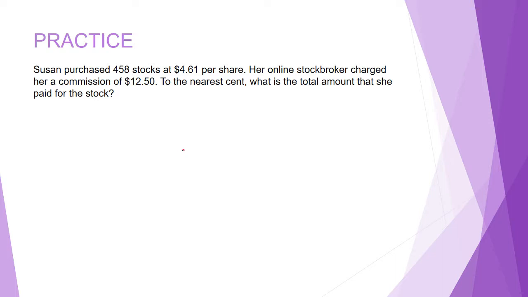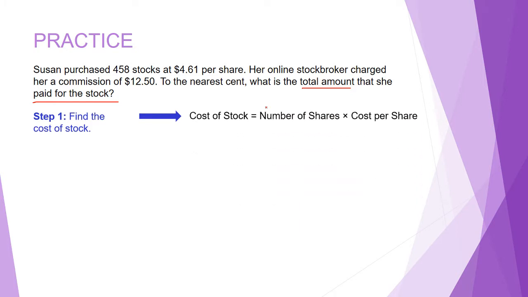Alright, so the question is the same. We're looking for the total amount that Susan paid for the stock. So there were 458 shares at $4.61 per share.